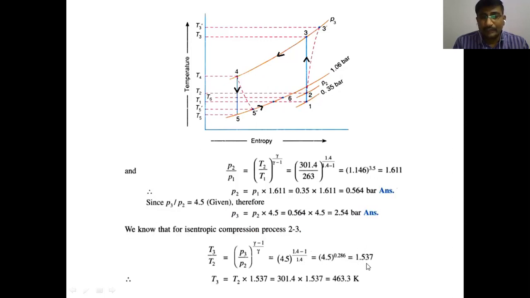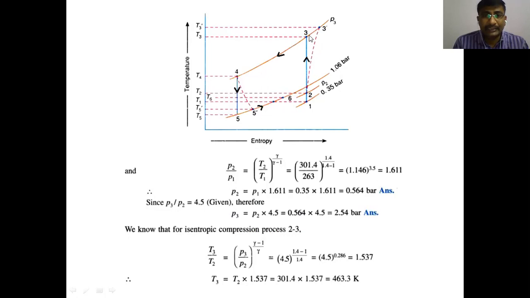This gives 1.537 as the temperature ratio across the compressor. Therefore, T3 equal to T2 into 1.537. T2 was calculated earlier, which is 301.4 into 1.537. We get the temperature at point 3. After isentropic compression, the temperature of air is 463.3 kelvins. Clear, students? This is the T3.